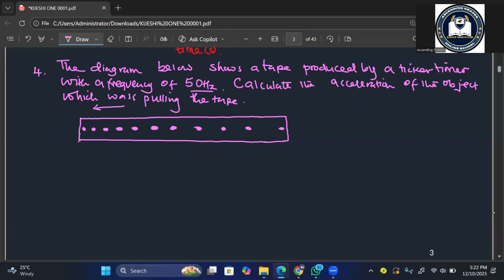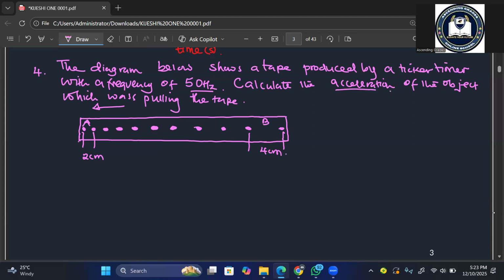It is being pulled in this direction. Then you can have this portion labeled A. It is of distance 2 centimeters. Then we have another one here, which is B, and then it is of 4 centimeters. The question demands we calculate the acceleration.